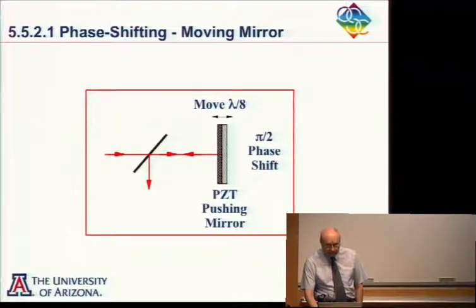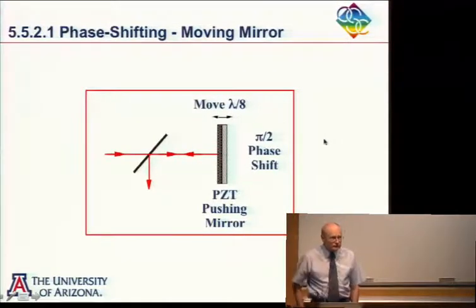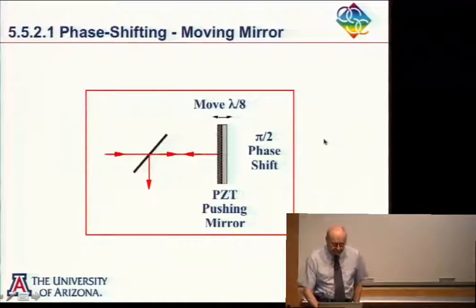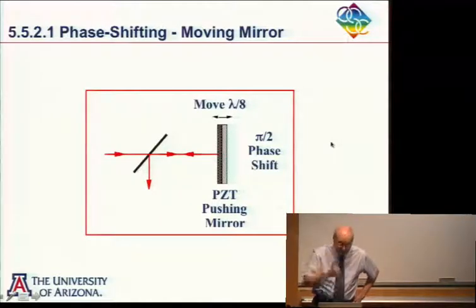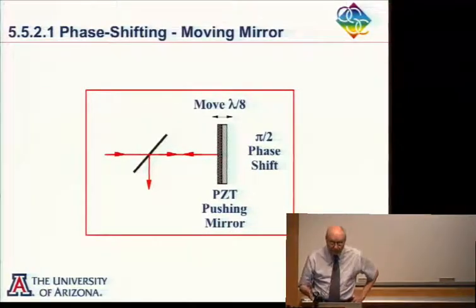This technique, as I said, is probably the most common way of doing phase shifting. And its reason for that is, first off, it's easy to do. You just take any of your interferometers and you mount the reference mirror on a PZT. A PZT has very nice motion, and actually pretty linear motion.